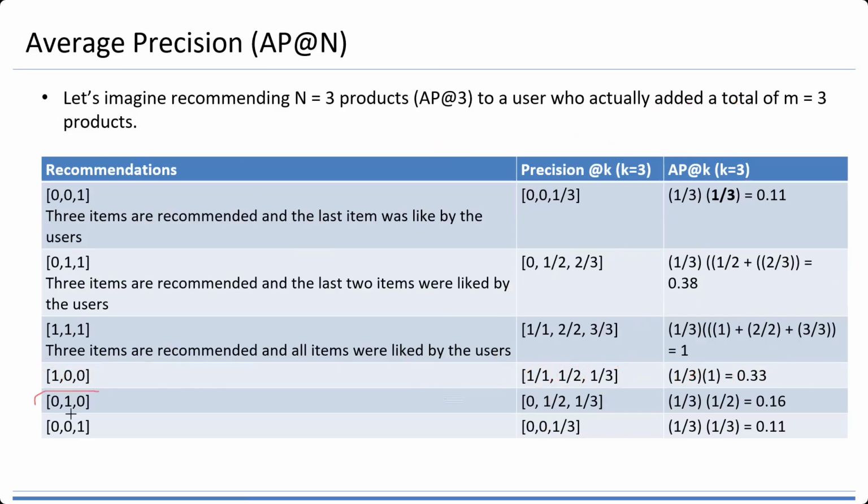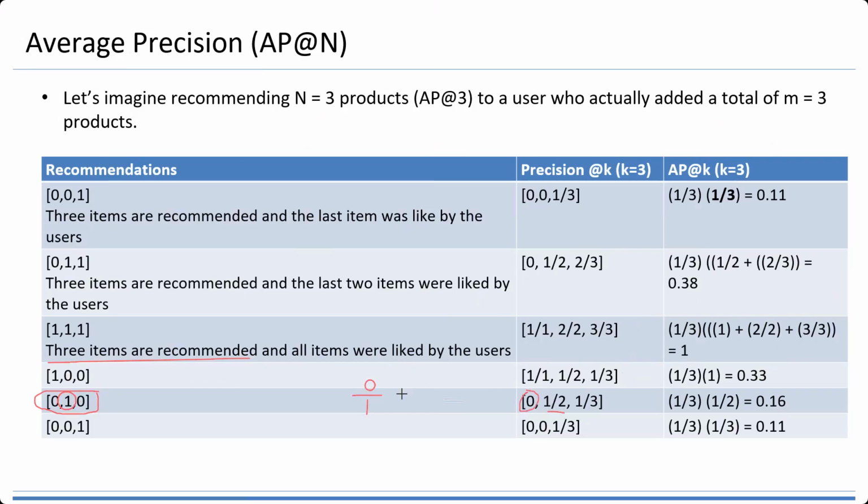What about this one? There are 3 items recommended, and the second item was liked by the user. In this case, the first item was recommended but not liked, so 0.